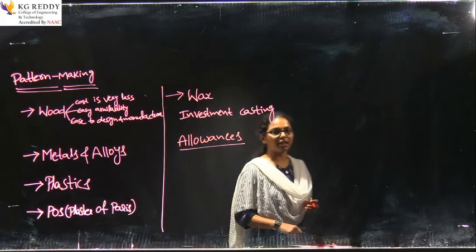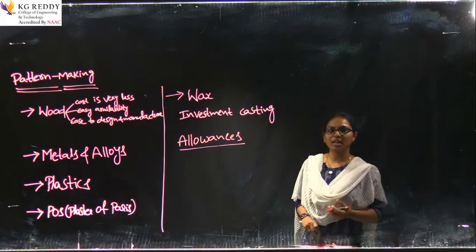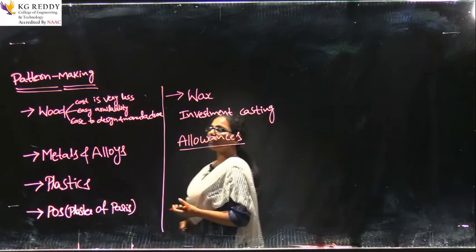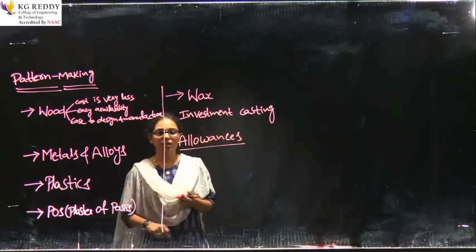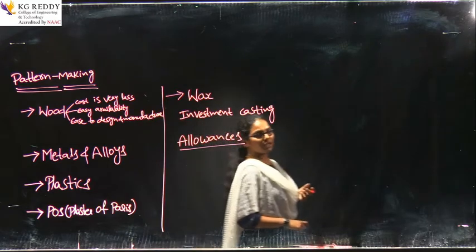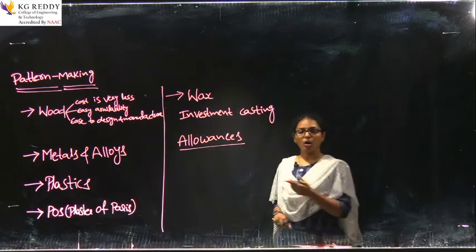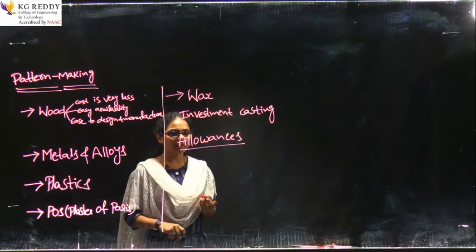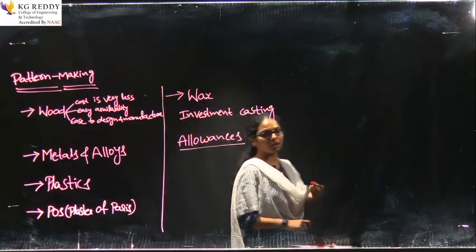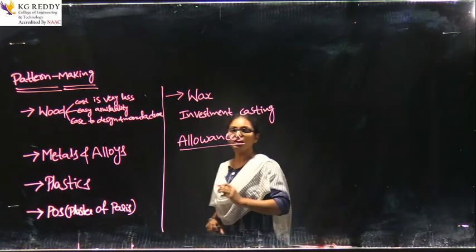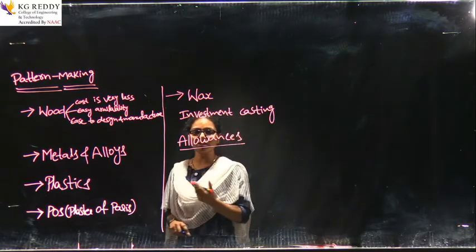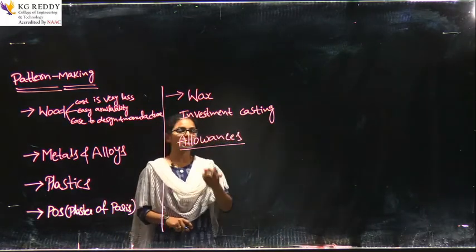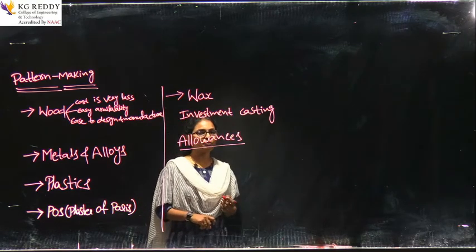Allowance is nothing but the difference between the dimension of the actual component and the dimension of the pattern which we are using. So before making a pattern, we have to consider the allowance, either positive allowance or negative allowance. Majorly there are 5 types of allowances.